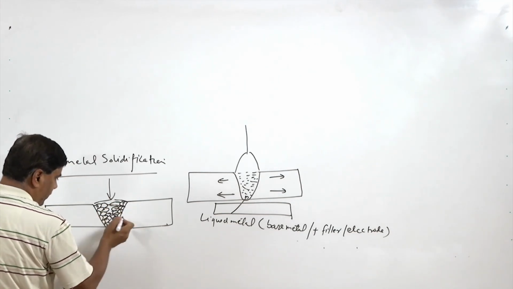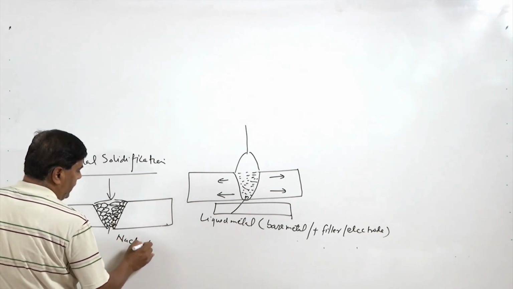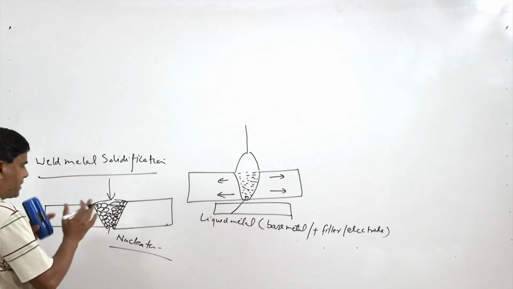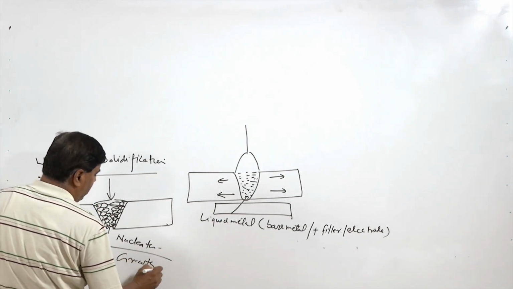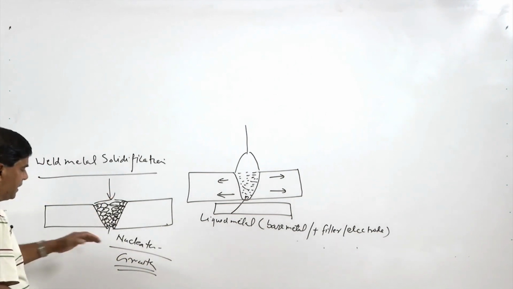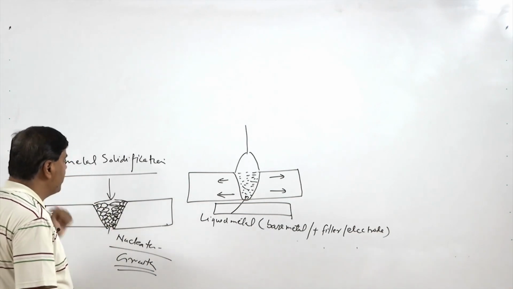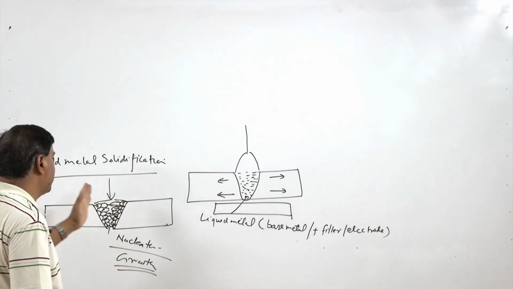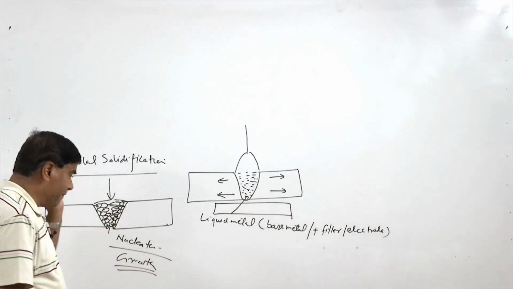So, next to the fusion boundary first the nucleation is observed, and thereafter, once the nuclei are formed, the growth step takes place, and during the growth most of the liquid metal is consumed during the solidification process, and the change from the liquid state to the solid state takes place.